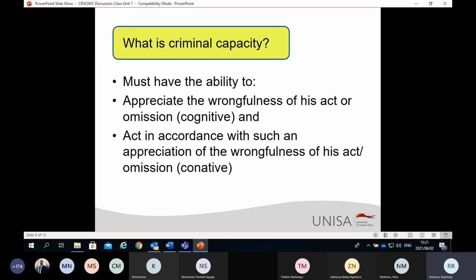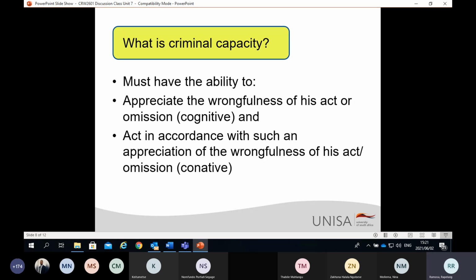Students confuse the first leg of capacity, which is the ability to appreciate the wrongfulness of their act or conduct, with what is called a mistake relating to a ground of justification or a mistake relating to unlawfulness. So let me explain what I mean.